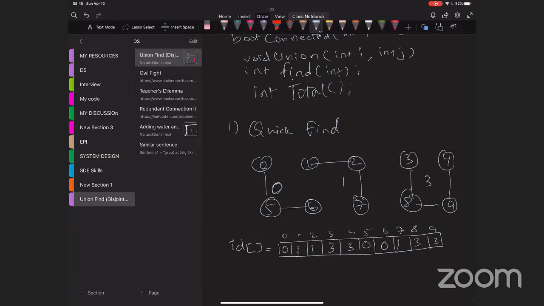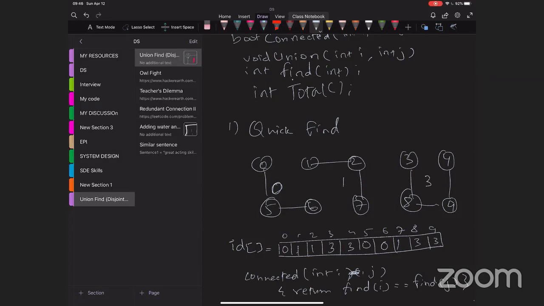Compare those two numbers: if they are equal, return true, otherwise false. Connected of integers i and j is simply return find i equal to find j. Correct.